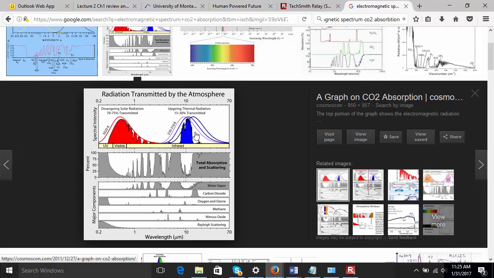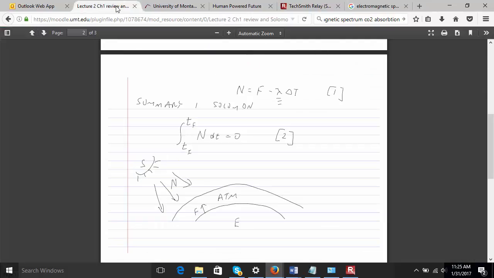Okay. So with that kind of broad spectrum in mind, what Solomon has tried to do is add up all of that energy. So this guy right here is more or less the power of the sun. I don't know exactly why they use the term N, but let's just call it nature or natural. This is the natural radiative power that hits the planet.